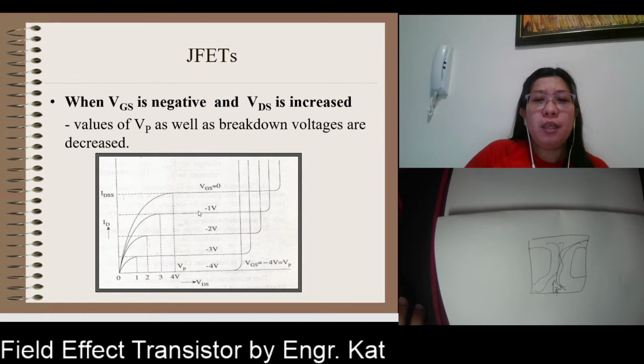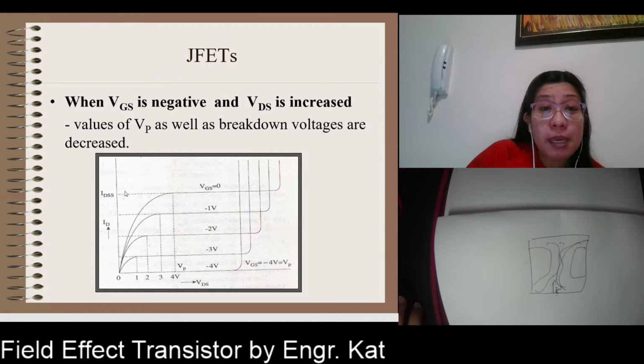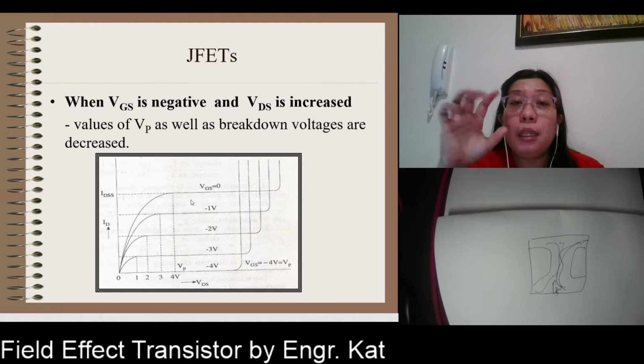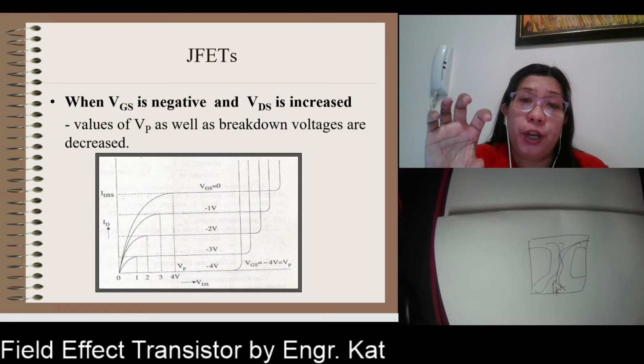Now, what happens if you have a negative 1 VGS, for example? So your maximum current cannot be equal to your IDSS anymore. So the effect of your VGS is it will minimize your current.